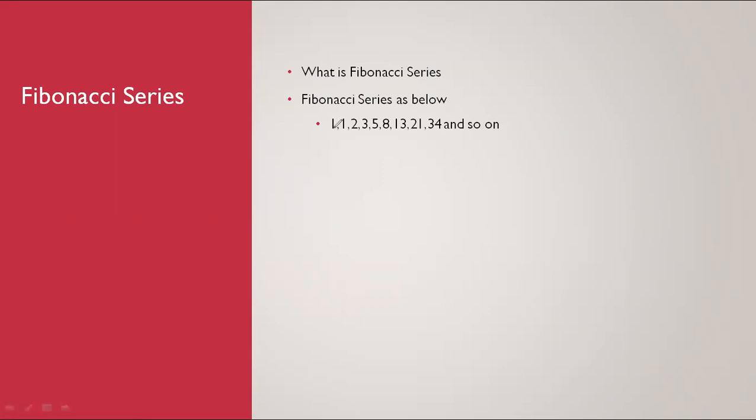So if we look at this clearly, the resultant 2 is the summation of these two numbers, and this summation is the next series number, which means the summation of the previous two numbers is equal to the next series number. So that's how the Fibonacci series works.